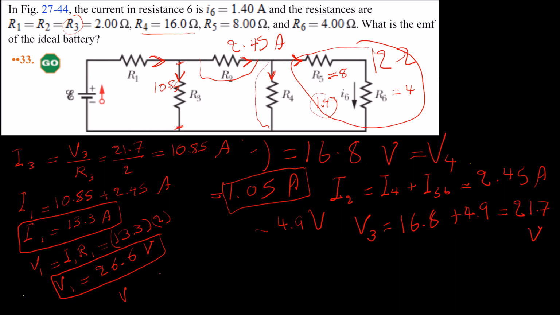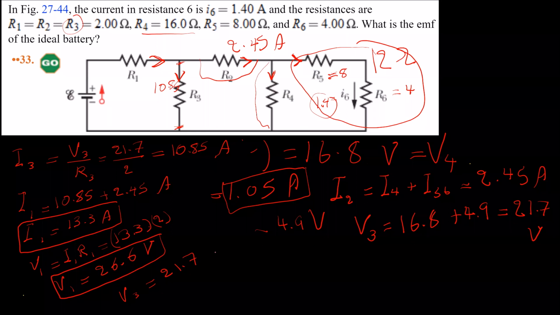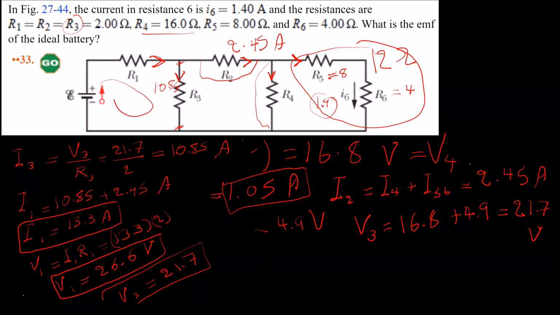V3 was 21.7, yes. So if you apply the loop rule for the battery in this, you see that V minus 26.6 minus 21.7 equals 0.